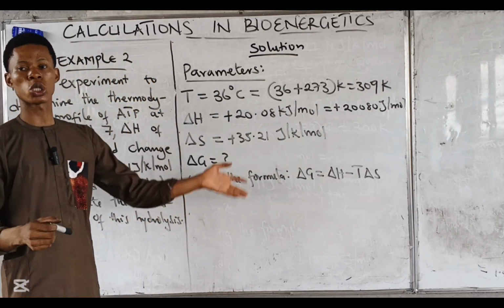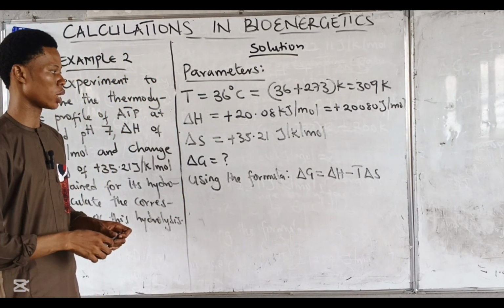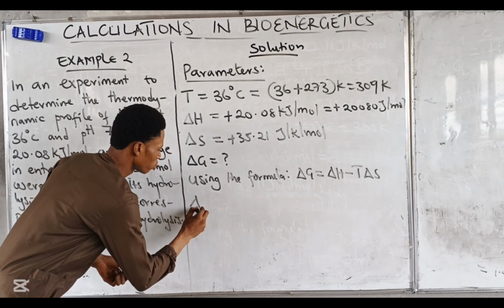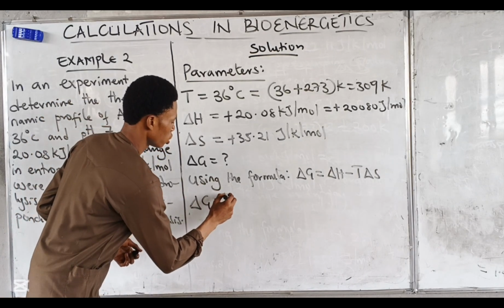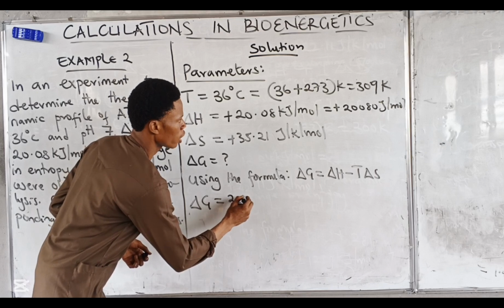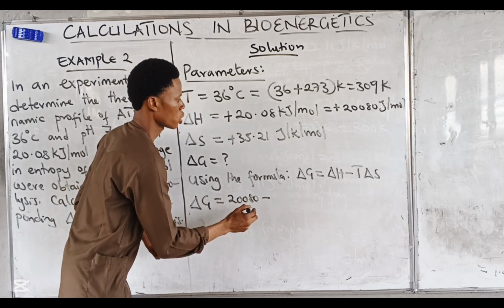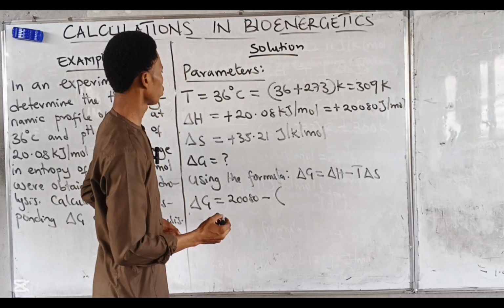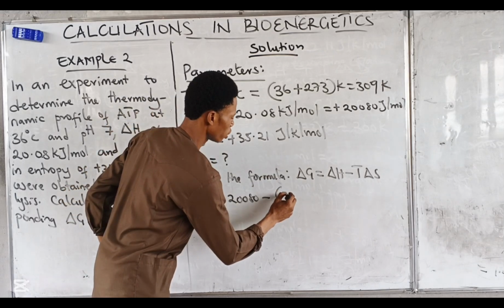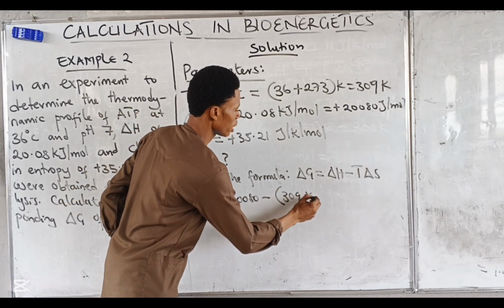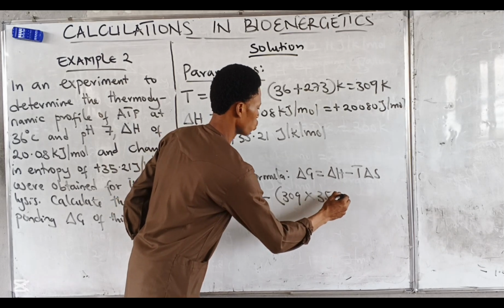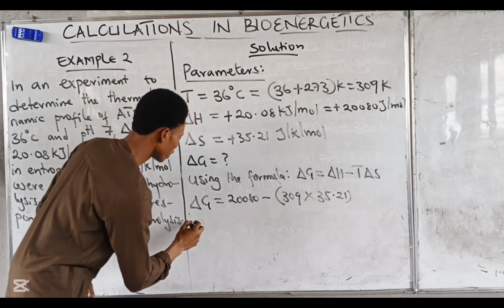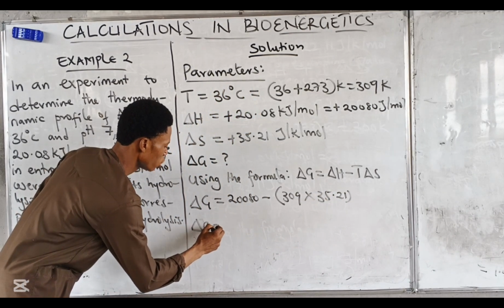Now we can substitute the values and we get our answer. So delta G is equal to, what is delta H there? 20080 minus T is what? 309 times delta S is what? 35.21.